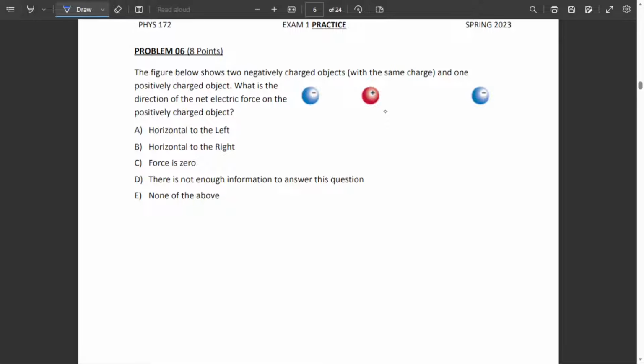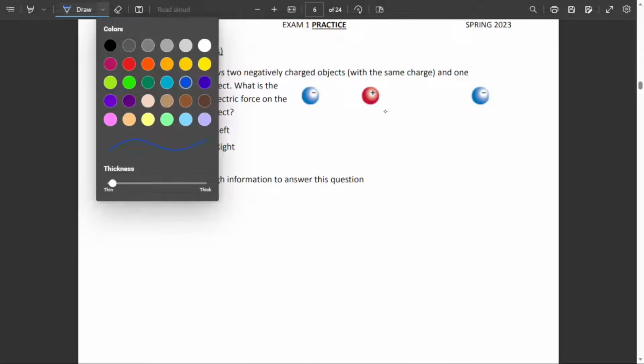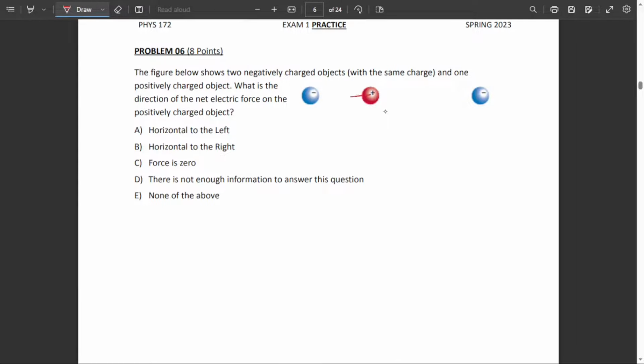We know positive and negative charges attract each other, so if we look at our positively charged object, it is going to have a force to the left, attracting it to this negatively charged object, and a force on the right, attracting it to this object.